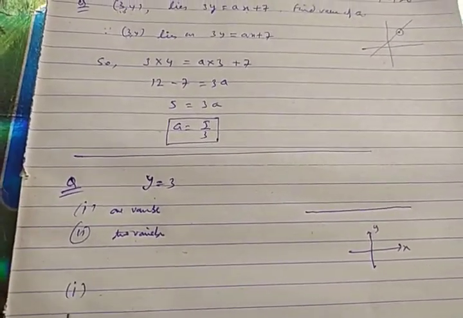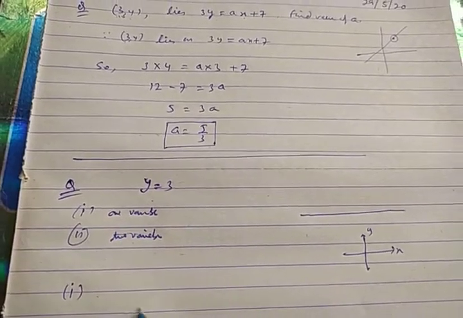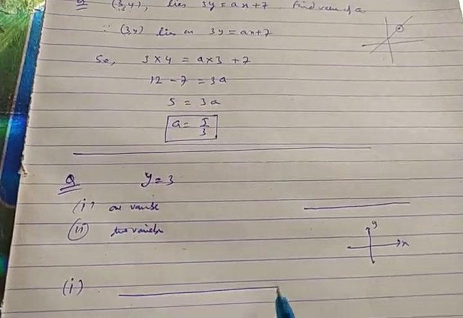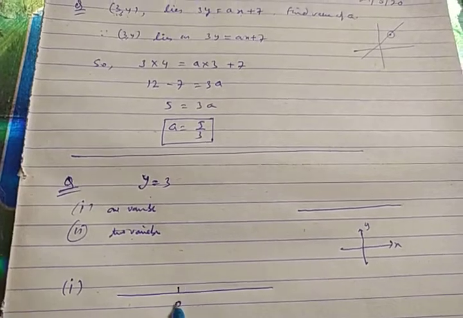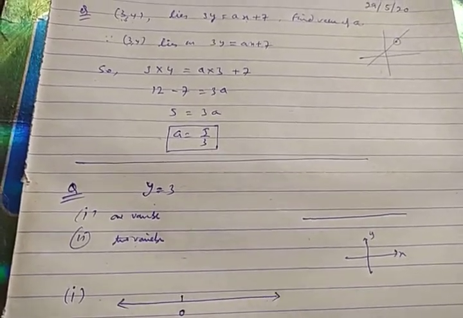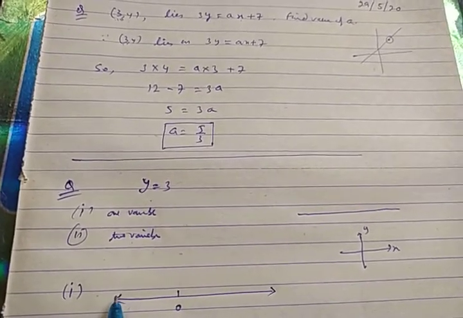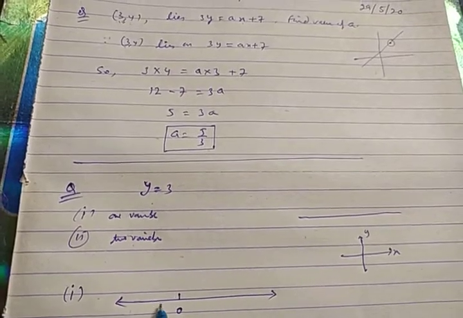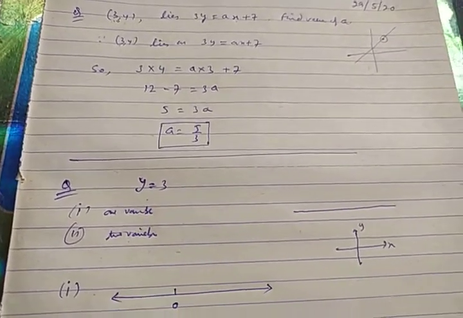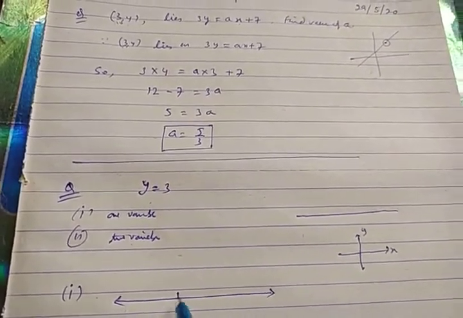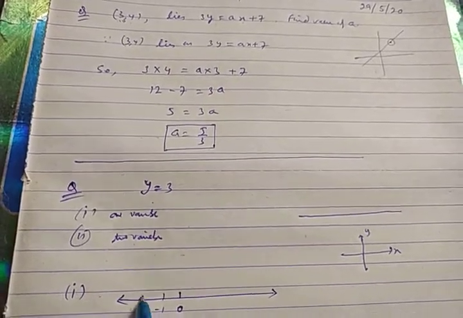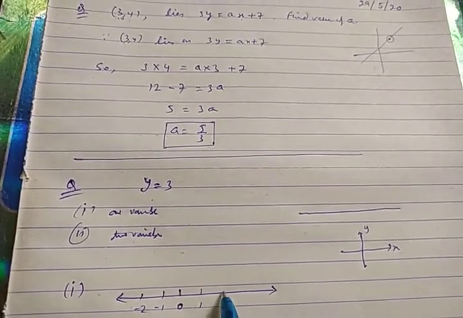Simply for the solution of the first part, you will draw a number line, take a point 0, and place arrows on both sides. This side is negative numbers, this side is positive. Since the number is positive, there is no need to draw the negative side. Moreover, you can draw -1 or -2. This is 1, 2.